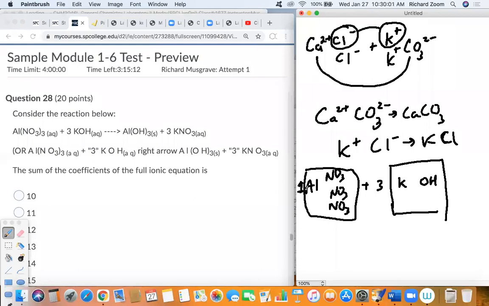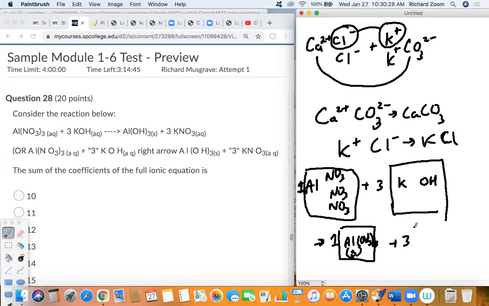It doesn't look like a 1, but anyway, it does now. And then that gives Al(OH)3, which again is just one of those. But that's a solid, so you just leave that the way it is. So you wouldn't even try and split that into ions.